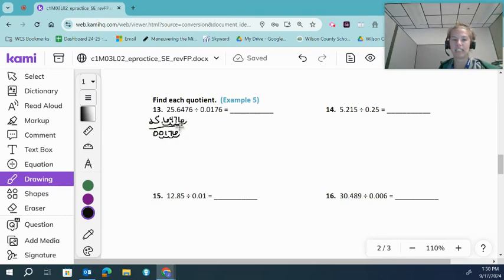That gets rid of my decimal, so I can divide more easily. So now I just set it up like normal. I have 256,476 here, and I have 176 right there. I'm going to do this just like normal division.